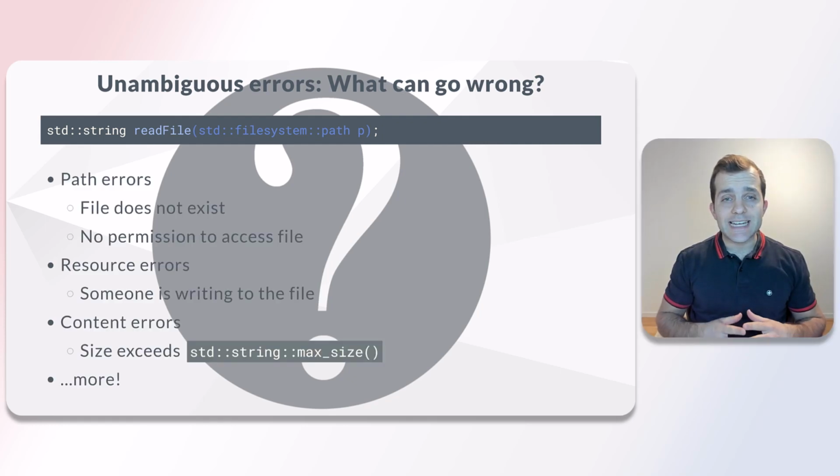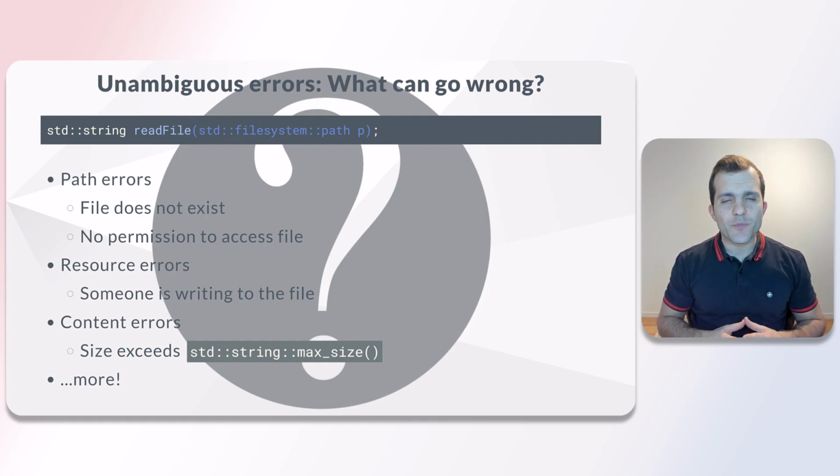Well, even in such a simple case, there are multiple things that can go wrong. The file may not exist, or we may not have the permissions to read it. The file could be locked by another process. The file could be too big for our data structures to carry or memory to hold, and so on.